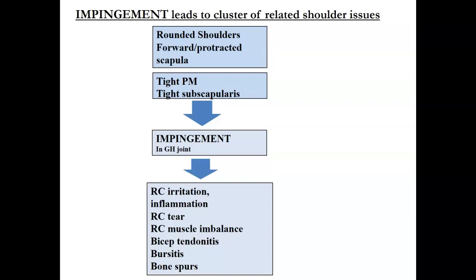Generally speaking, rounded shoulders, protracted scapula, tight subscapularis, tight pectoralis minor, that rounded shoulder kind of thing. So you're tight in the front of your body, tight in your neck, which leads to this impingement and compromises the space. Again, think of that exercise where we slouched and could not lift our arms up.